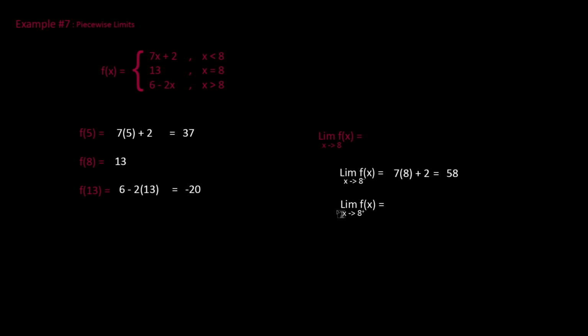For x approaching 8 from the right, we plug 8 into the right function of 6 minus 2x and get 6 minus 2 times 8, which gives us negative 10. 58 clearly does not equal negative 10, therefore the left-hand limit does not equal the right-hand limit. When the left-hand limit doesn't equal the right-hand limit, the overall limit does not exist.